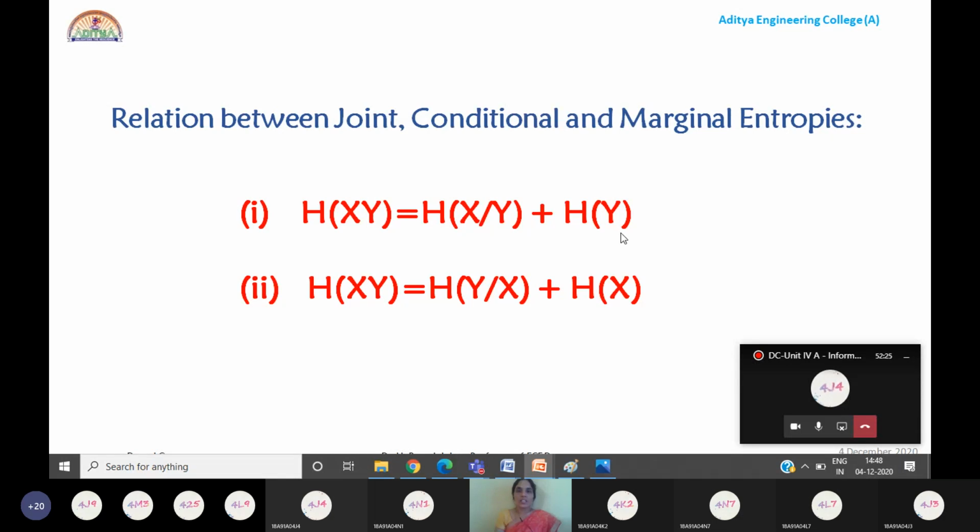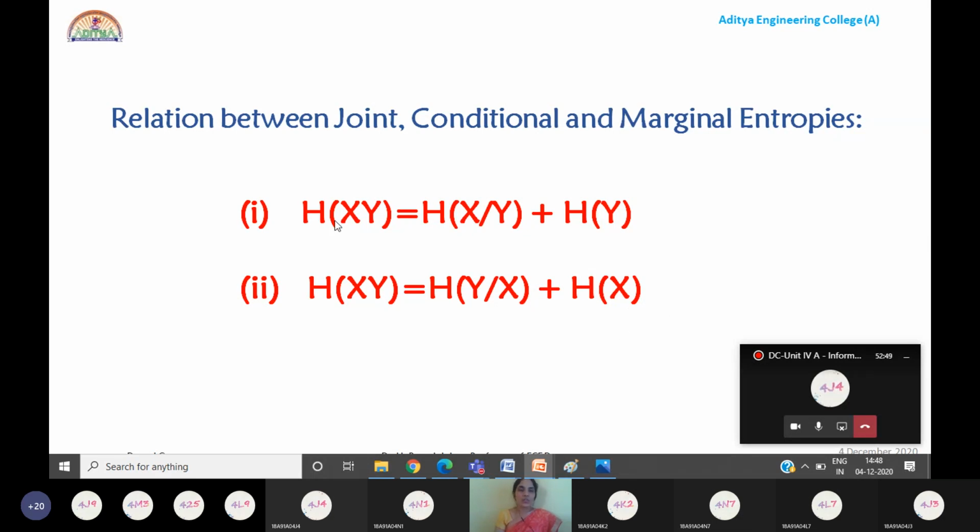I think you know that h of x, h of y are marginal entropies, h of x by y and h of y by x are conditional entropies, and h of xy is a joint entropy. So the equations shown below represent the relation between the joint entropy, the two kinds of conditional entropies and the two kinds of marginal entropies.